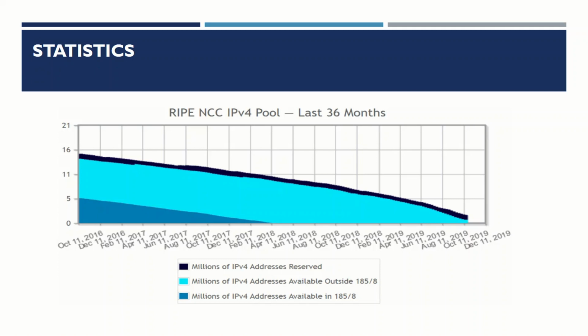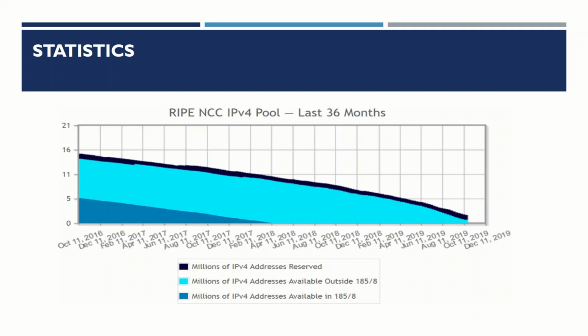The way IPv4 requests are processed has changed over time. In 2012, each LIR could receive one /22 IPv4 allocation in the form of a single prefix. In 2019, each LIR could receive one /22 IPv4 allocation in the form of multiple smaller prefixes, a /23 and/or /24.